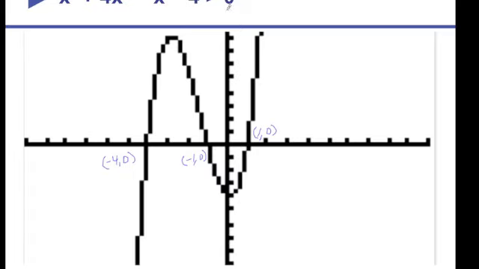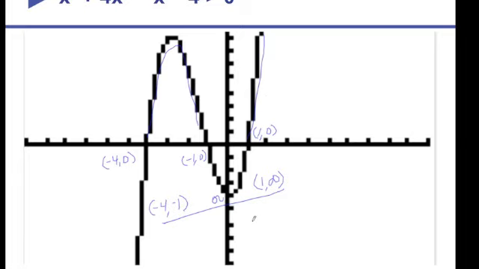And when we want it to be greater than 0, well, it's above y equals 0 here from negative 4 to negative 1 and from 1 to infinity. So we put an or between those two.